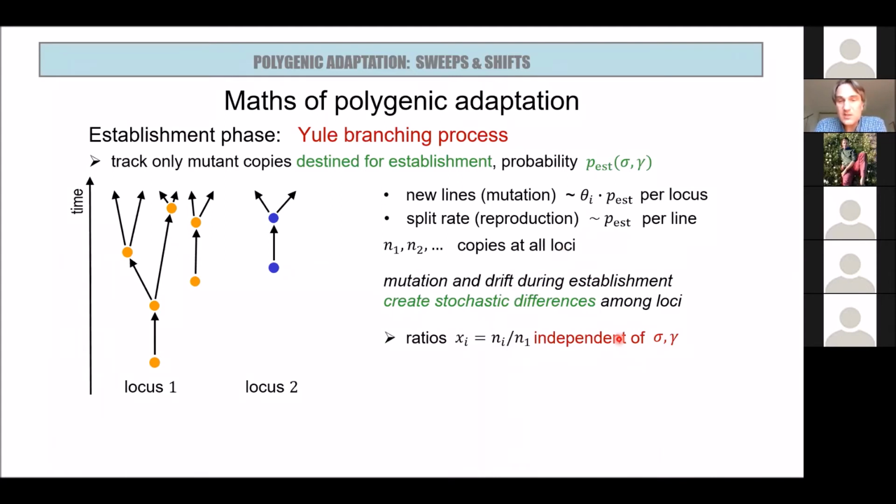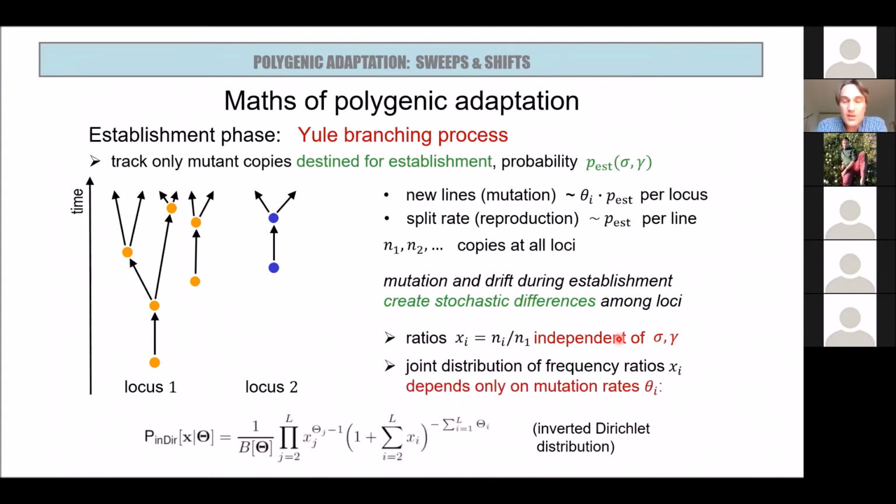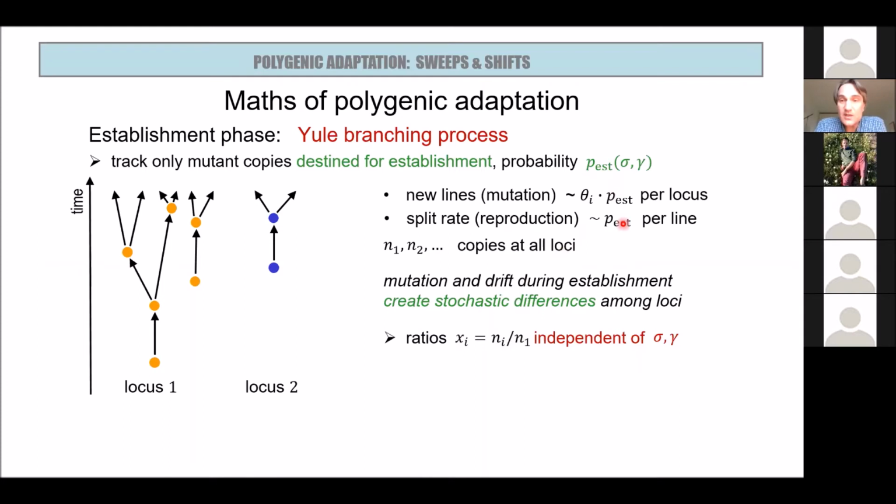The reason is that this selection strength is something that enters these establishment probabilities, but all events that happen in this small process are just proportional to the establishment probability. So whether this is large or small just matters for the time scale on which things happen, but not on the relative success at different loci.